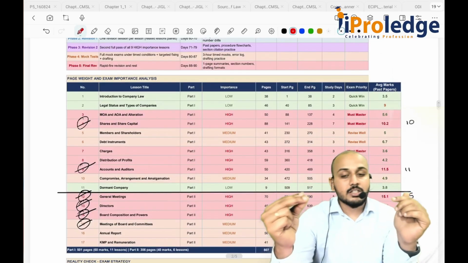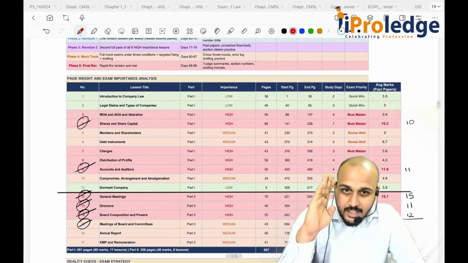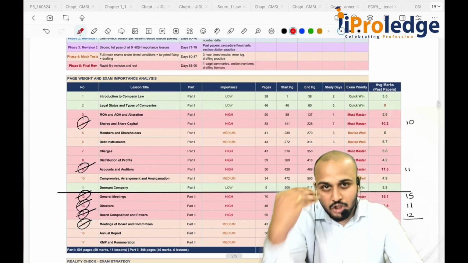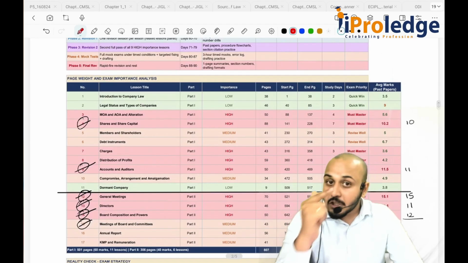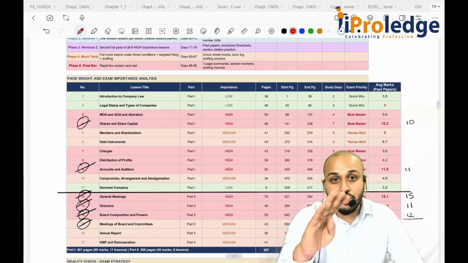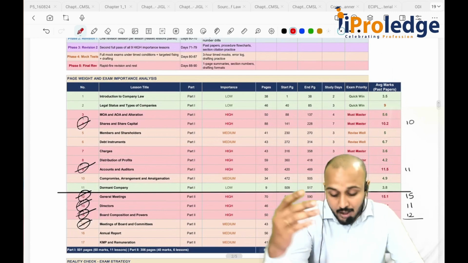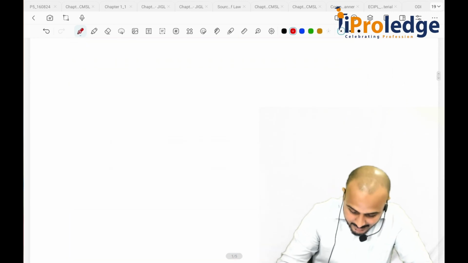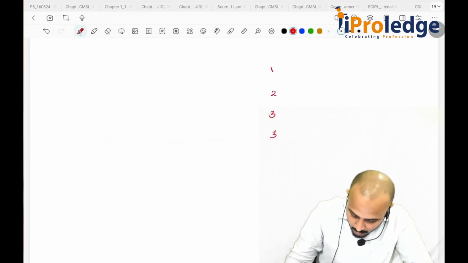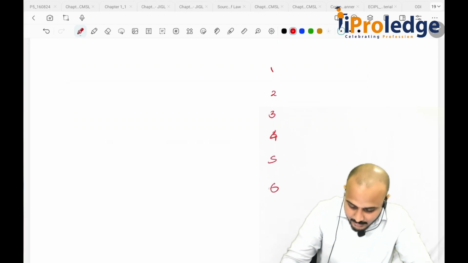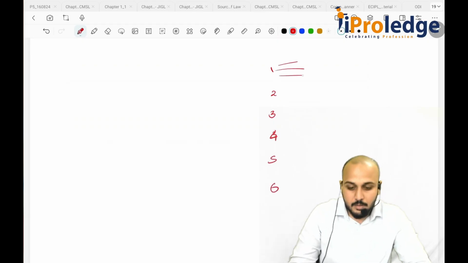And I would suggest that if part B genuinely becomes your strong suit, attempt part B first, because ICSI does not have any issue with you attempting in the order that you are comfortable with. For example, there are 6 questions: 1, 2, 3, 4, 5, and 6. In one, there might be multiple sub questions.